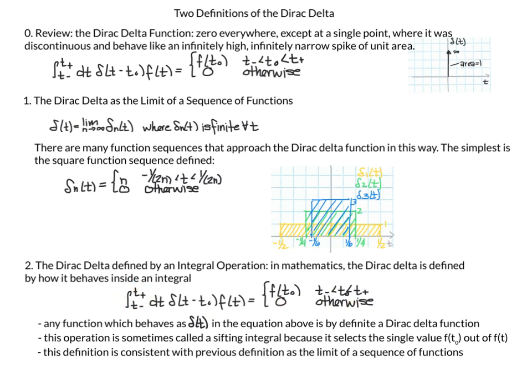In this way, we call the Dirac delta a sifting operation because it essentially sifts out f of t naught from your function f of t. And we did a few examples of this.